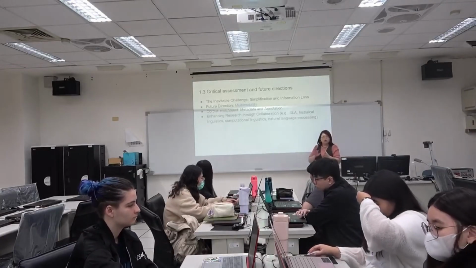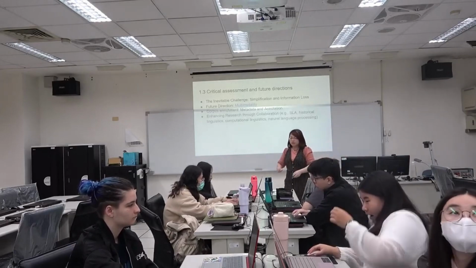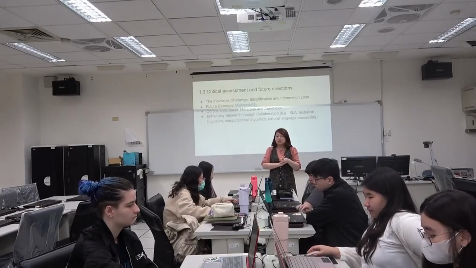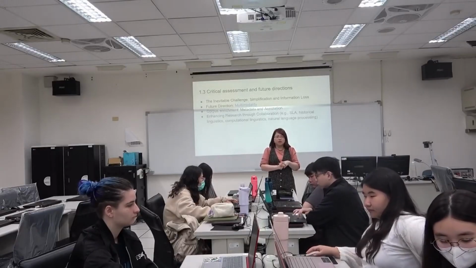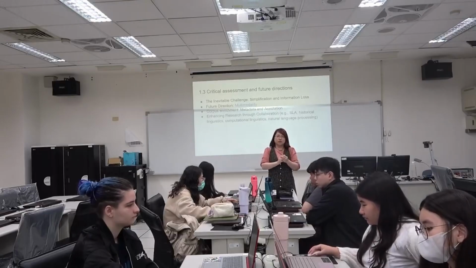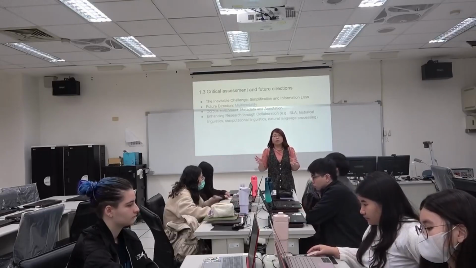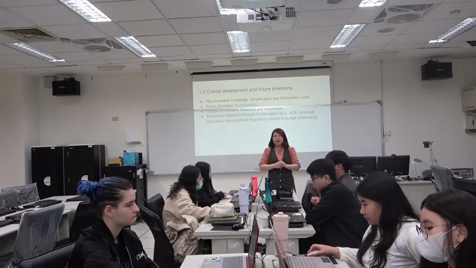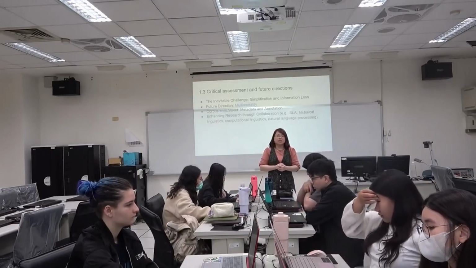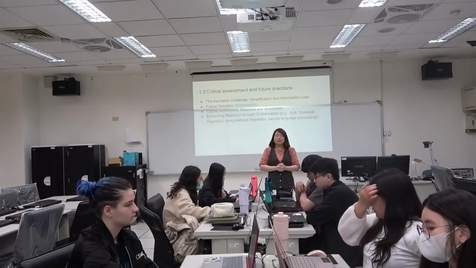So after you know all the information, the factors that you need to consider about compiling a corpus, there's an inevitable challenge. When you collect the data, you are doing simplification, because that's not the whole population, right? You are sampling. And also information loss, because if your metadata is not complete enough, that's problematic.